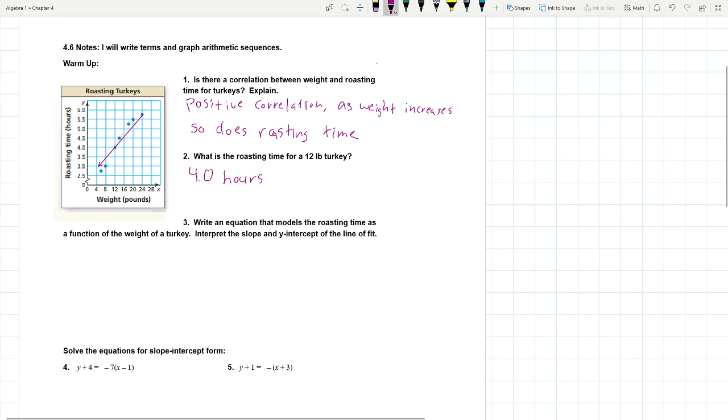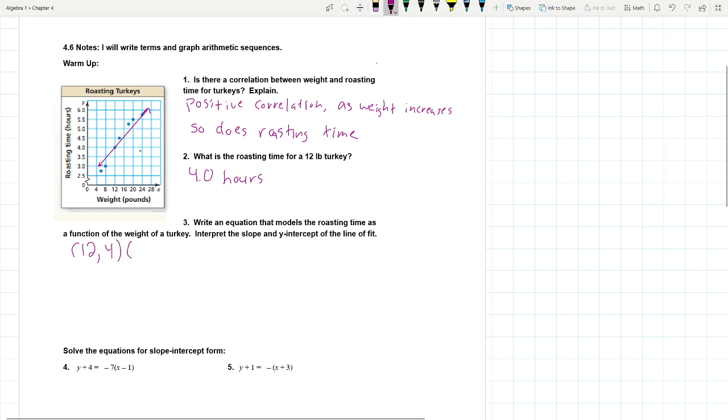The arrow should also go in this direction. There you go. So I'm going to use this line. Could you have chosen your own? Yeah, but I like this one. What we're going to do is find the 2 points. The first one is at 12, 4.